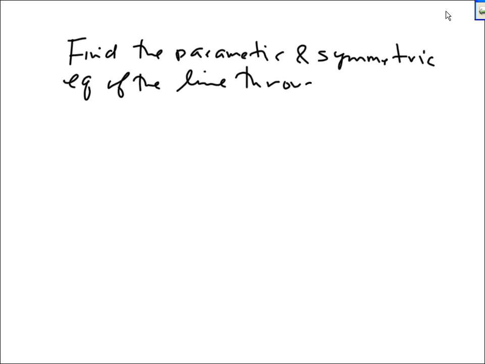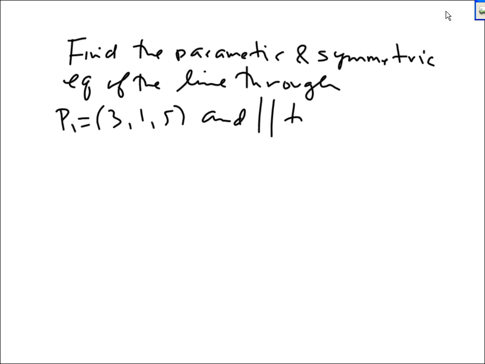The line through the point P1, which is (3, 1, 5), and parallel to the vector u, and we'll let u equal (2, 1, -4).